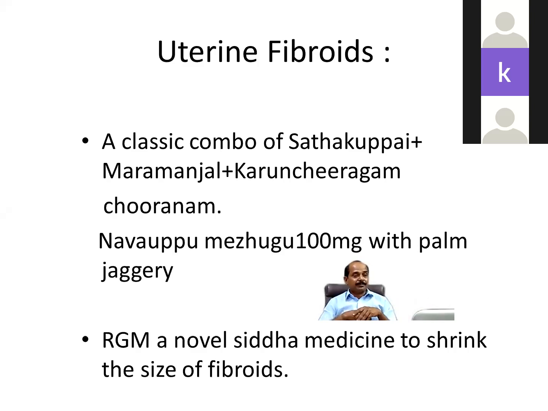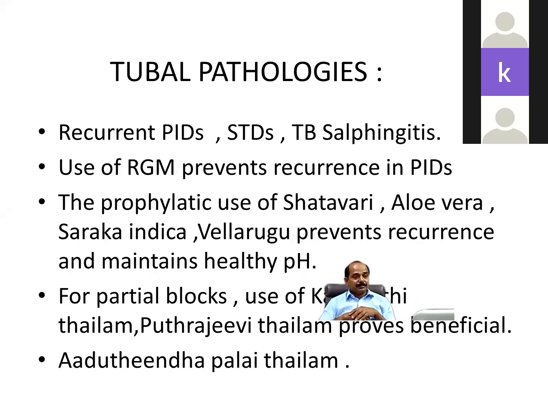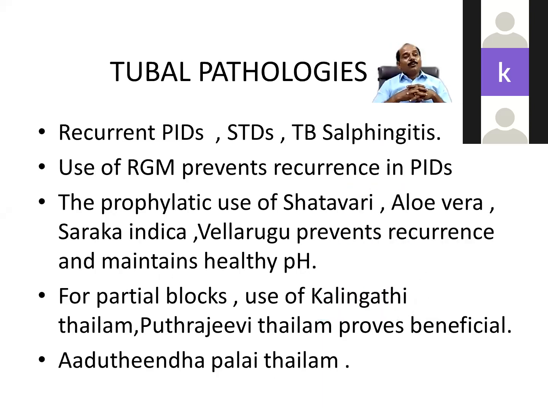Next, tubal pathologies. You can't diagnose TB salpingitis accurately. Tests like the QuantiFERON test and TB PCR can be done. But if it is idiopathic, the old school of gynecological thought is to put them under ATT, AKT3 or AKT4.